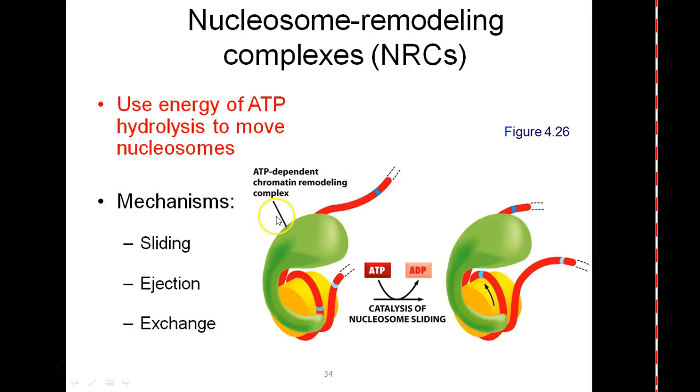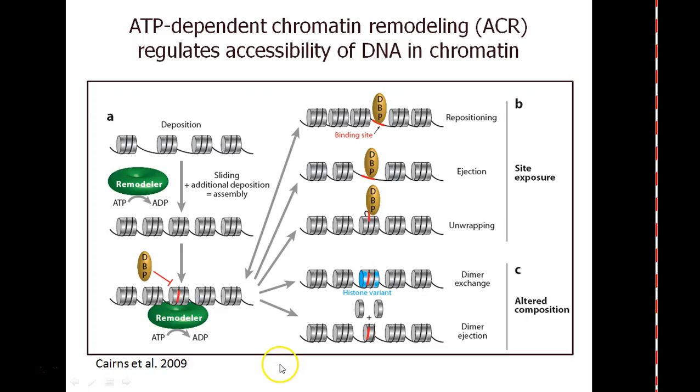They have a central ATPase subunit, which is able to use ATP energy, and it can bind to the entire histone octamer. And using the ATP energy, it can alter the interaction between the DNA and histone octamer. And it can remodel the chromatin, so it can result in nucleosome sliding, ejection, or exchange. We have a better figure to explain this process.